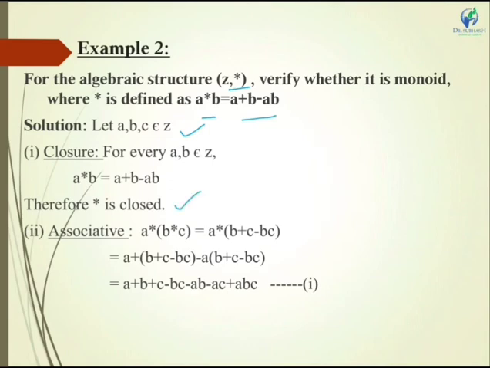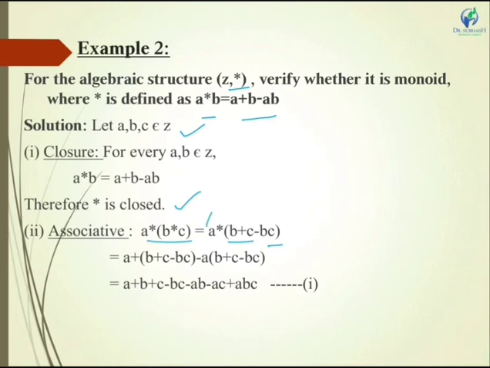Now next is associative. We have to prove both sides here, LHS and RHS. Let me take one of the portions here, a * (b * c). First I will apply the operation on b * c. That is the addition of two elements minus the multiplication of two elements.